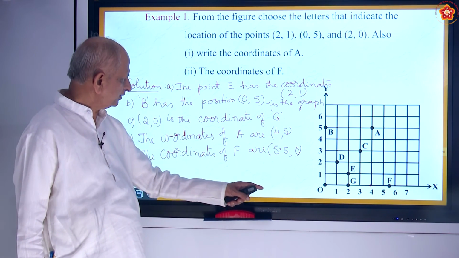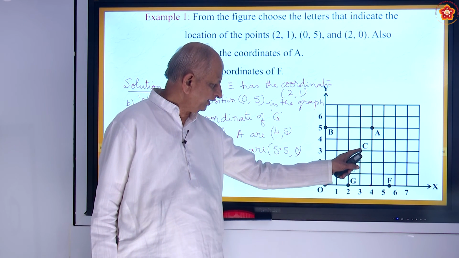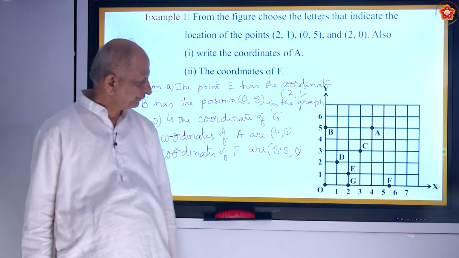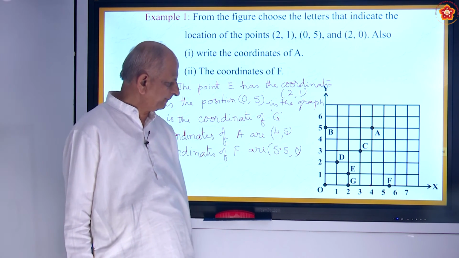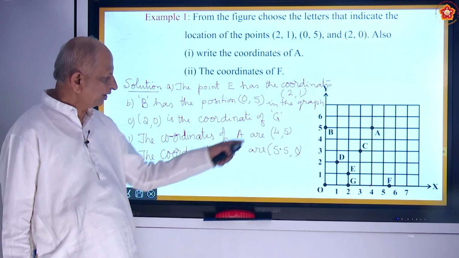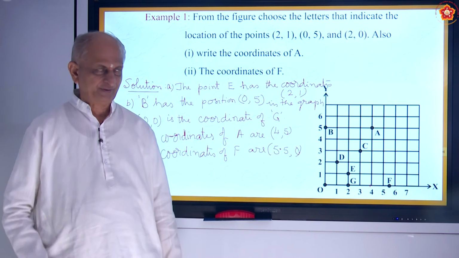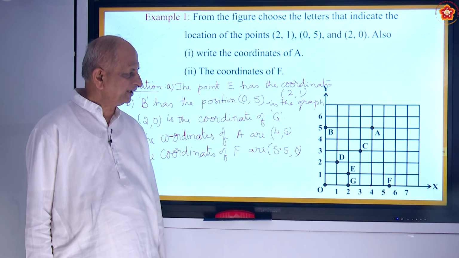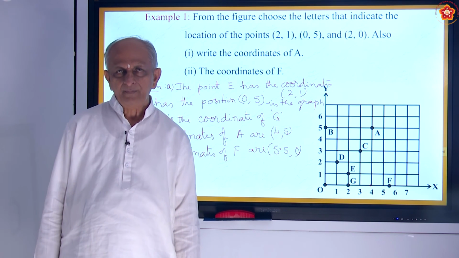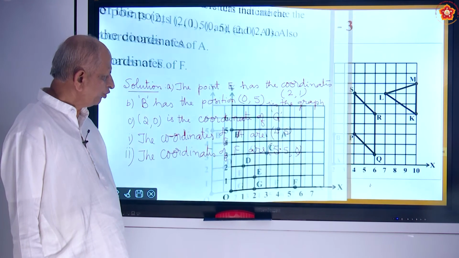Coordinates of C, 3, 3. Correct? So like that you can mark out all the points and the coordinates. X-axis you must tell first, then y-axis. Correct? So these are called Cartesian points.